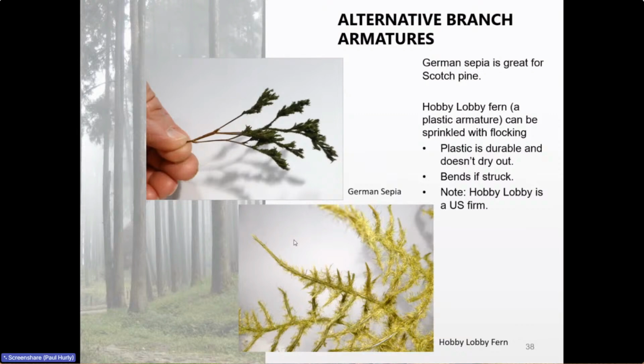It comes in a branch like this, a heavy wire branch. And these are the stems right here that I take off. You pull it off, and there you are, you got one. It has a hole, it's all plastic with flock on it already. When I first started buying these, I found that they were flocked a lot more than they are now. So I add more flock as I go along. Another thing too, you can bend it.